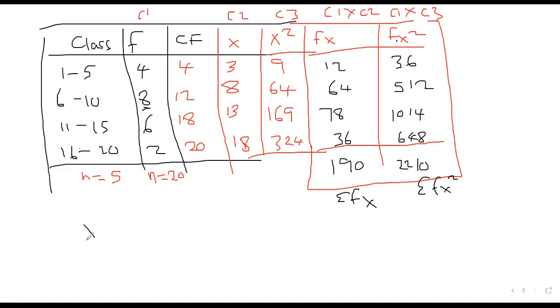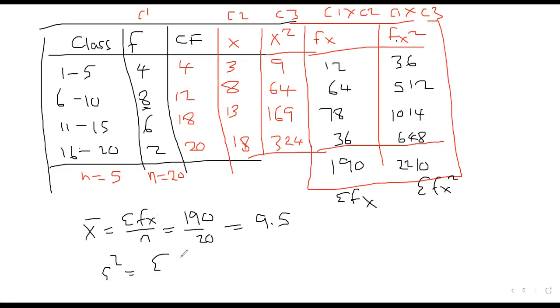Yes, we are. So the mean for grouped data now changes from the formula we're using. Summation of fx over n. So 190 over 20. And here the variance also changes. Summation of fx squared minus summation of fx to the power 2 over n, everything over n minus 1.